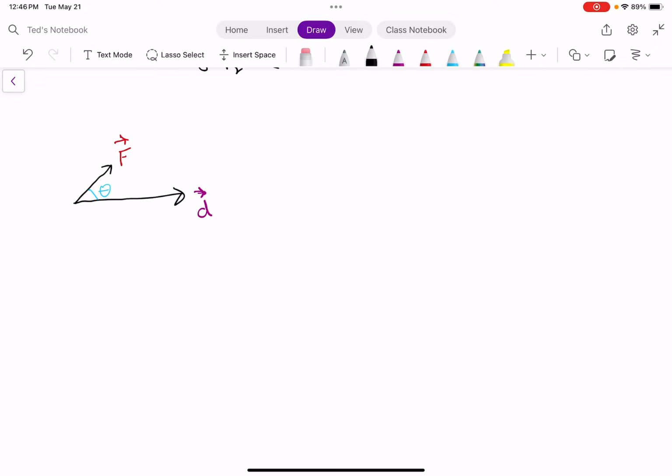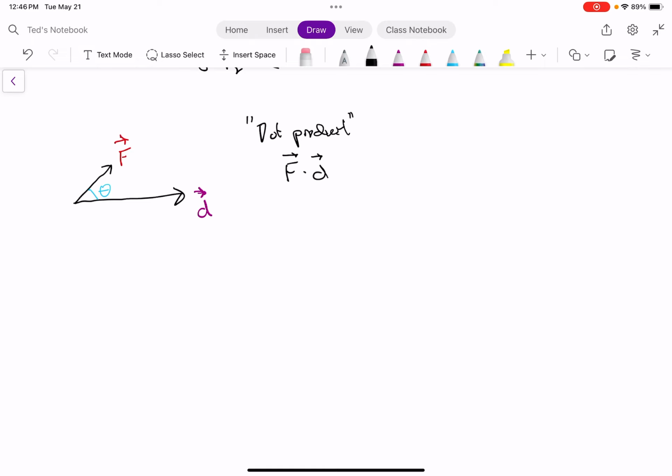So the first one is what's called a dot product. So the dot product is written f dot d.